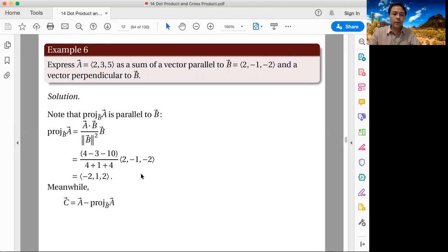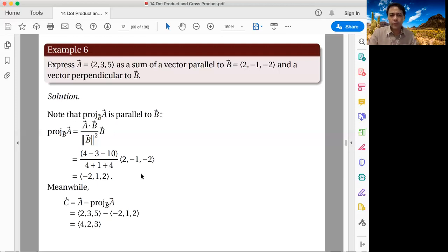Now, take note that I can have some vector C, and this vector C I will define as A minus the projection of A onto B. Later we will show why this is so. So let me just get the difference of A and its projection. And this is equal to 4, 2, and 3.